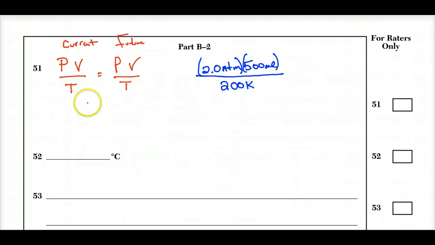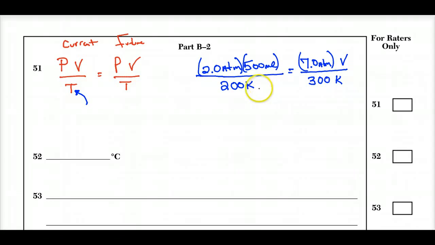Gas laws and this relationship are based on a Kelvin scale, a scale where we're starting from absolute zero. In any case, the new pressure is 7.0 atm. The new volume is what we're solving for, and of course the new temperature is 300 Kelvin.